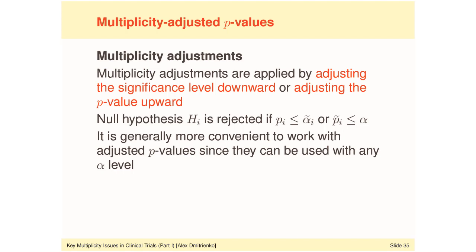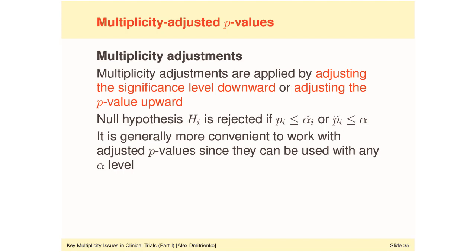The decision rules based on the adjusted significance levels and adjusted p-values are shown on the slide. The null hypothesis H_i is rejected if the original p-value is less than the adjusted significance level, or alternatively if the adjusted p-value is less than or equal to the original alpha level.